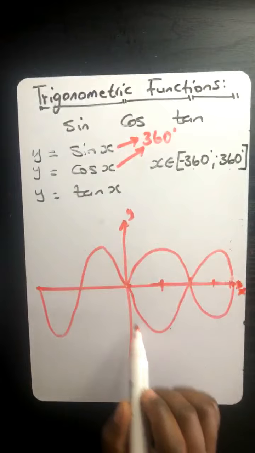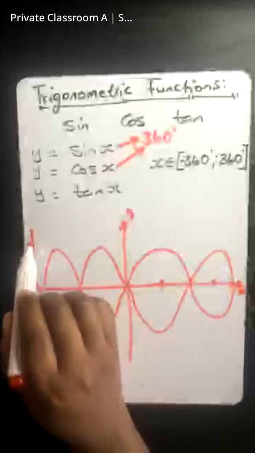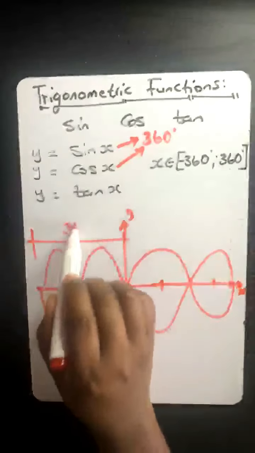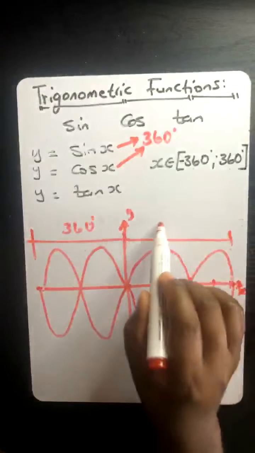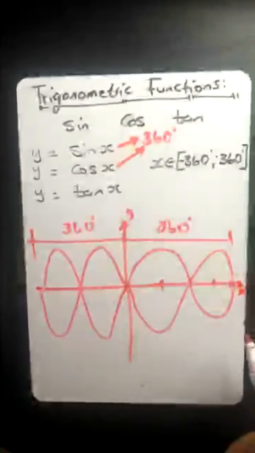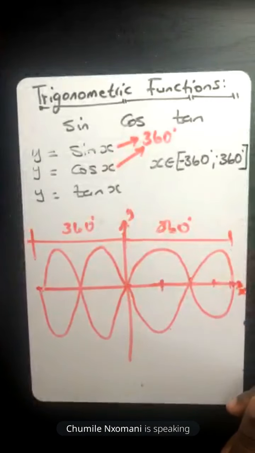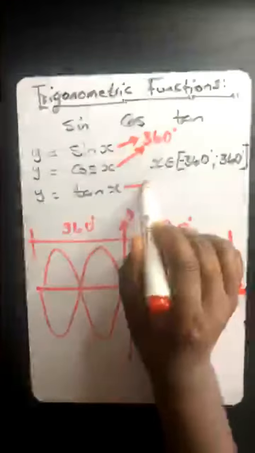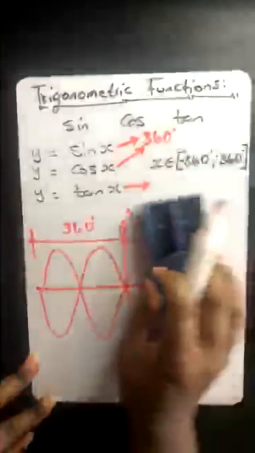Same for sine, it also needs 360 to complete. So you have that shape which is completed after 360 degrees, and you also have that on the other side, completed after 360 degrees. Does it make sense there, Chumi? Yes, sir. Okay. The period for tan. Do you remember that one? Did they tell you about that one?